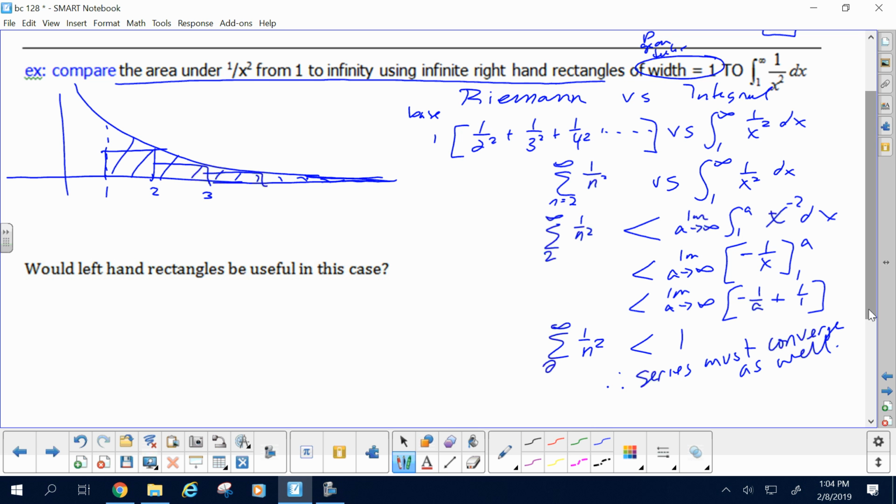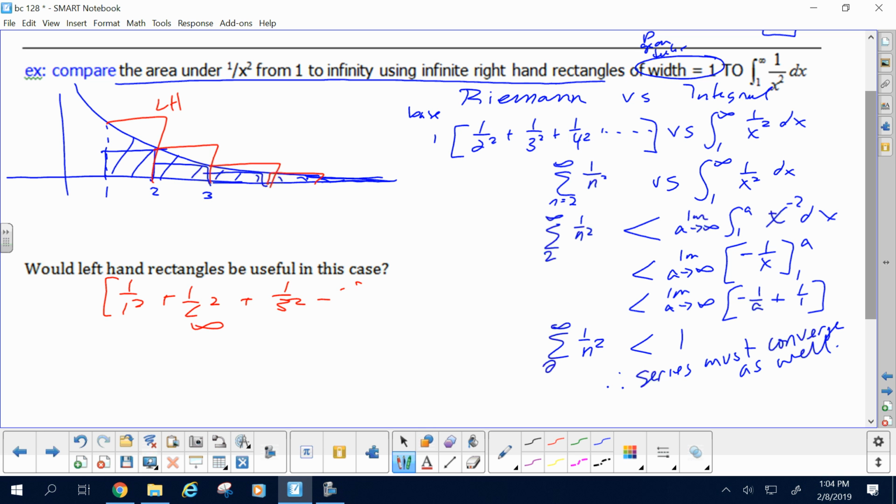I will say this just in passing. What if it had been left-hand rectangles? The left-hand rectangles would look like this, yeah? In left-hand rectangles, the series would have started with 1 over 1 squared and 1 over 2 squared and 1 over 3 squared.